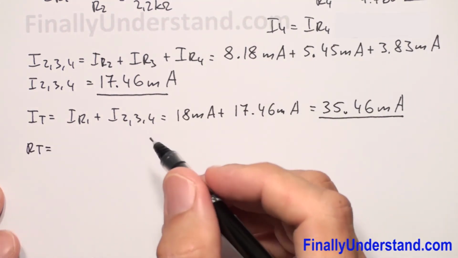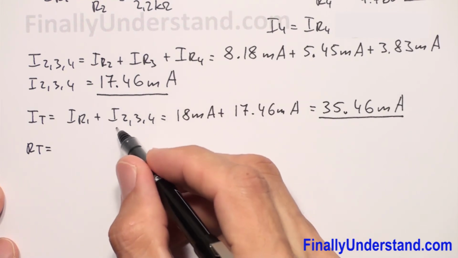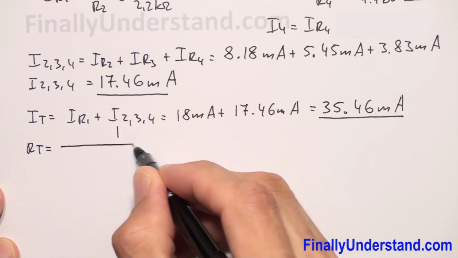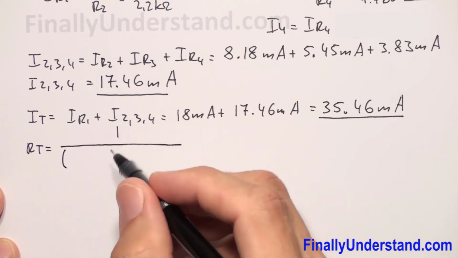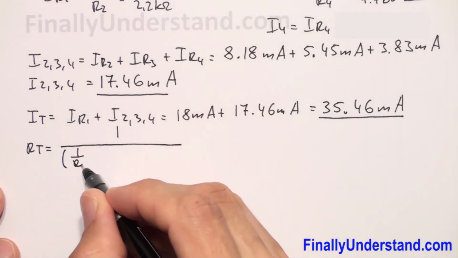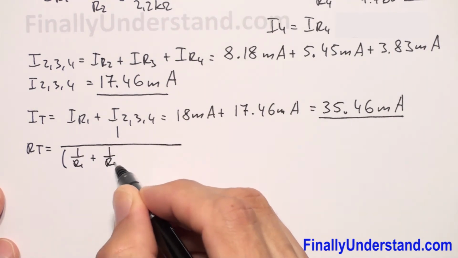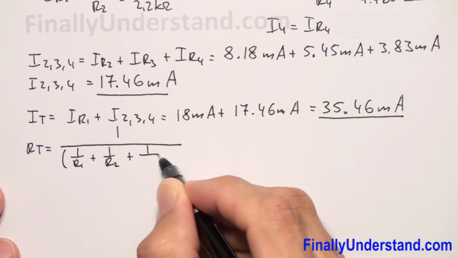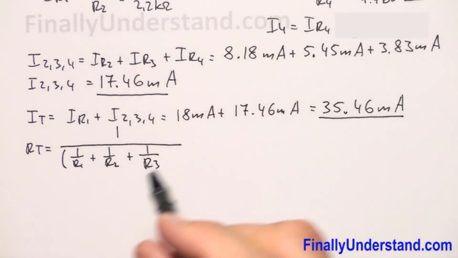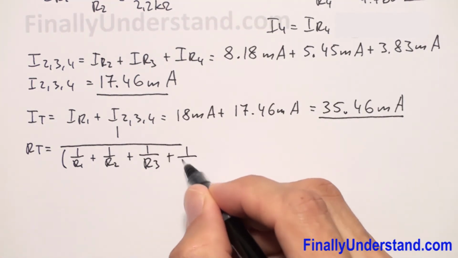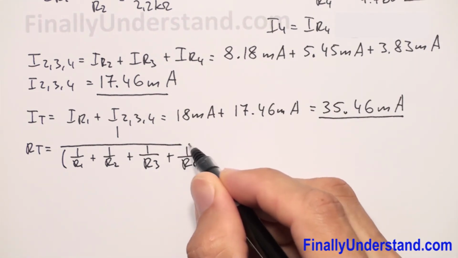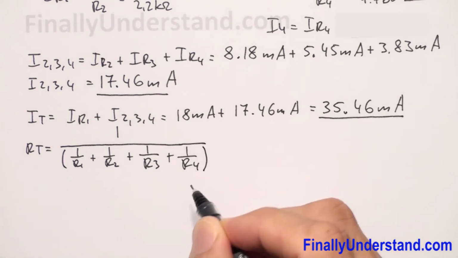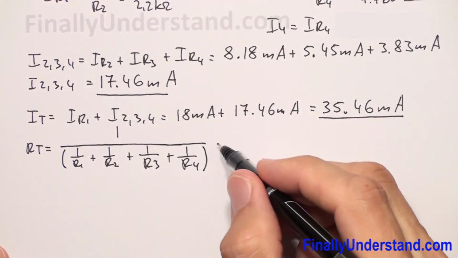R total is equal to 1 over, open parenthesis, 1 over R1 plus 1 over R2 plus 1 over R3 plus 1 over R4. Okay, because I have more than 2 resistors, I have to use this formula.